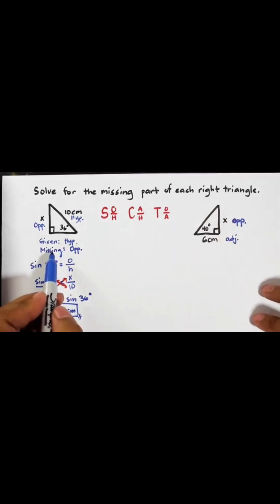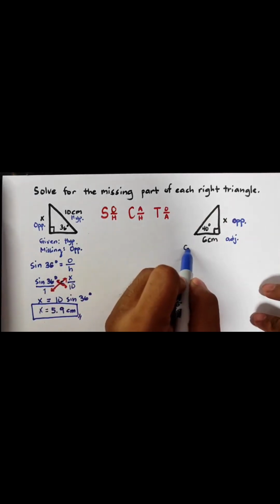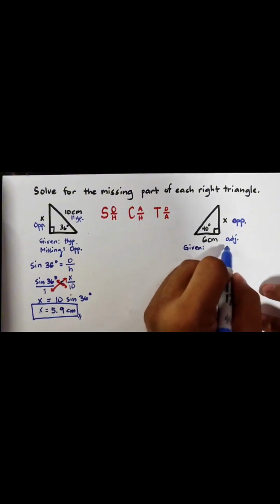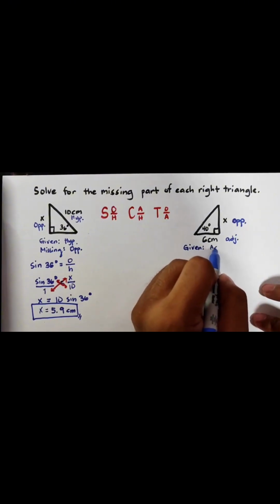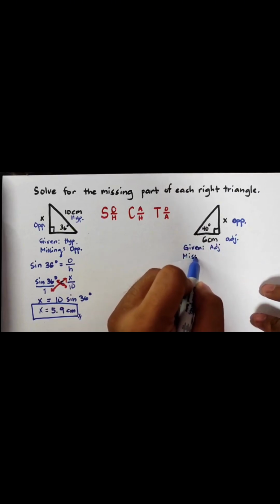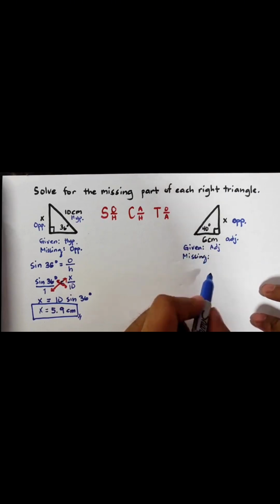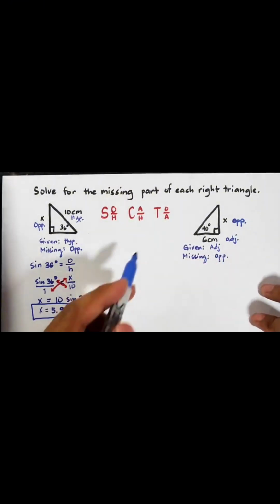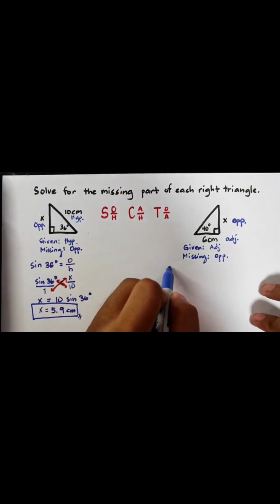But before that, let's list down all the given. Given is the adjacent side. What's missing in this problem is the opposite side. We will use TOA, or the tangent ratio.